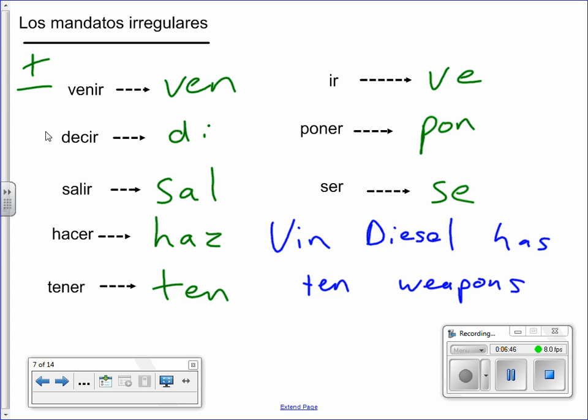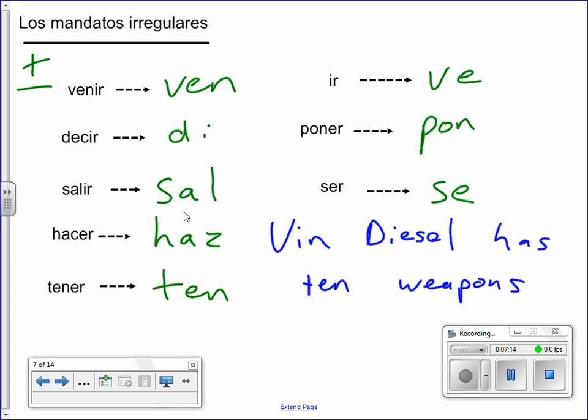Venir, to come, is ven. So if you're talking to a niño or a friend, ven aquí or ven acá, come here. Decir, to say, di. Di la verdad, tell the truth. Salir, to leave, is sal. Okay, leave, sal.